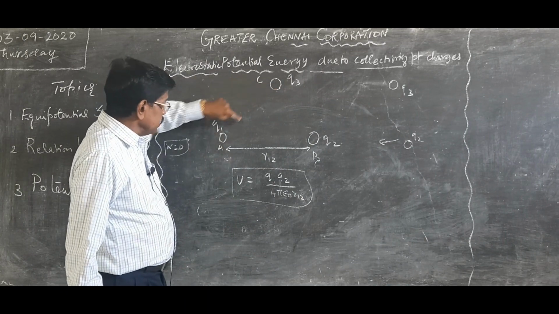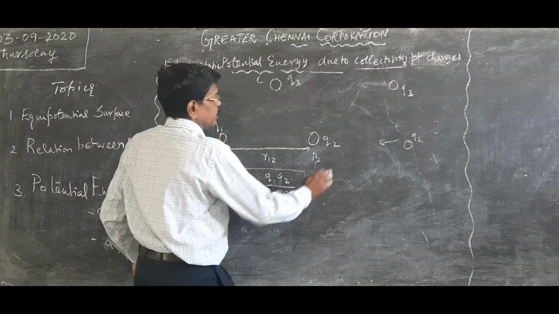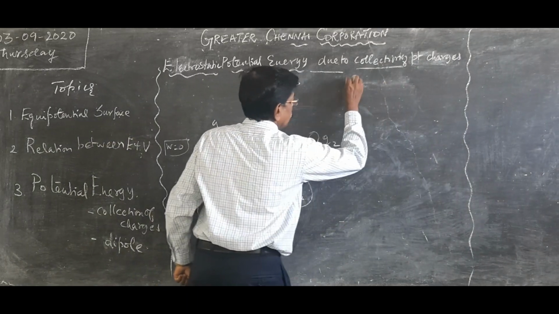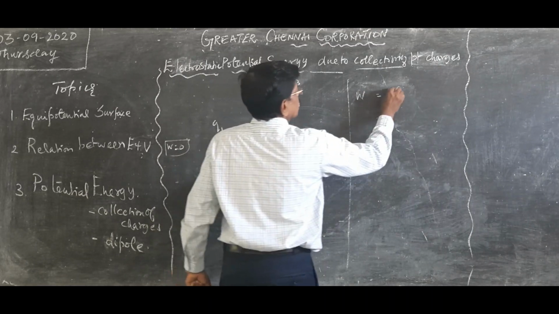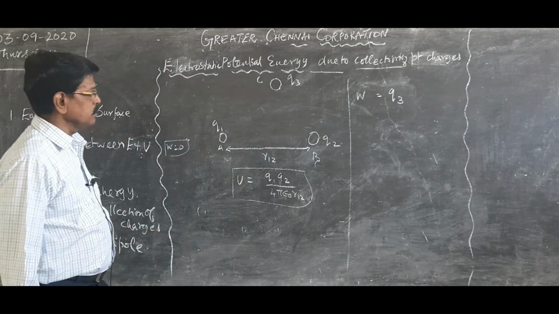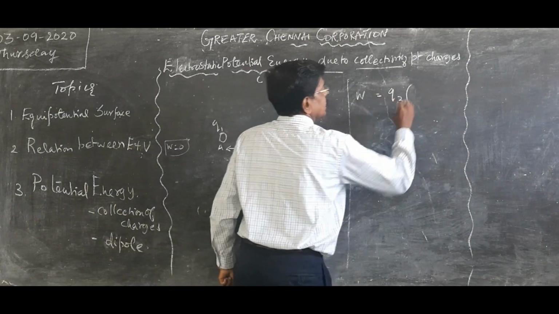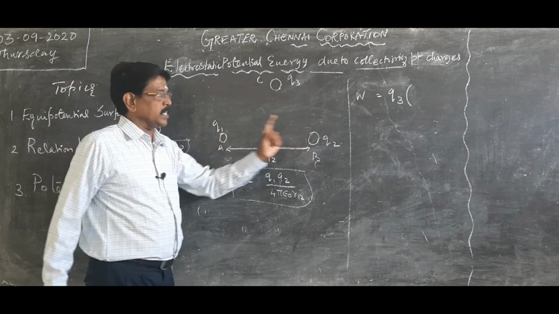It has to overcome these two forces. The work done is the charge Q3 times the potential due to the first charge as well as the second charge.